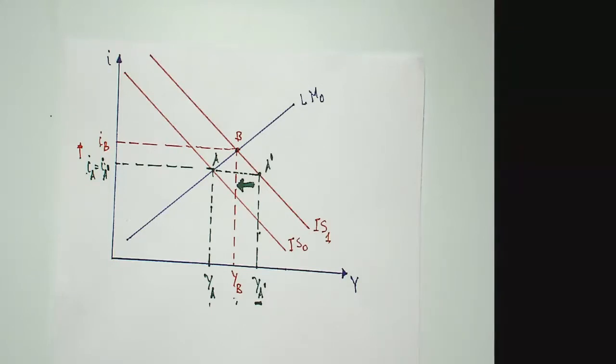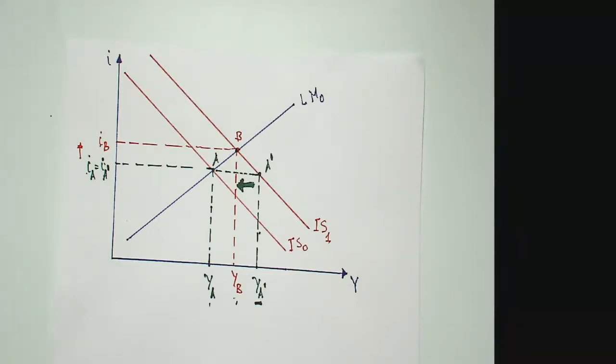This higher interest rate is motivated by the higher money demand, which resulted from the increase in aggregate demand. If we had kept the interest rate at the initial equilibrium level of point A, we would have had a higher income of YA prime, which is the greatest of all the incomes involved here, YA and YB.